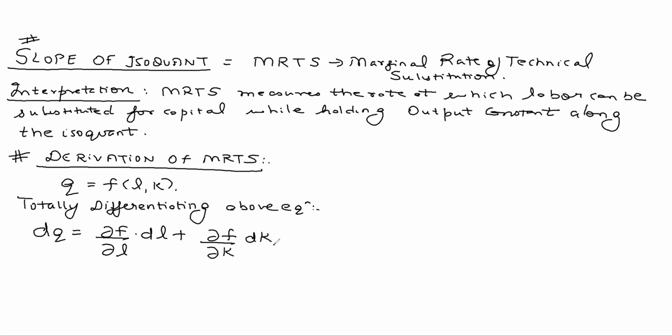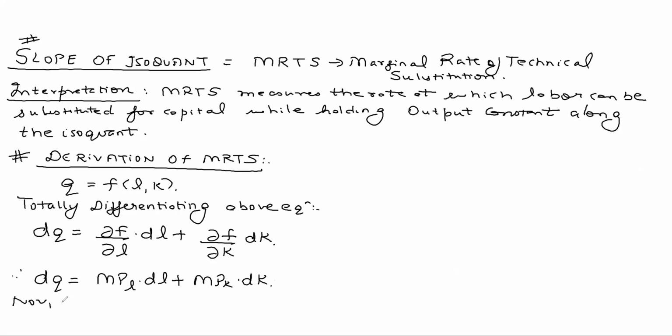Students have done this in my mathematical economics course. Those who had taken mathematical economics with me, we had covered these equations in that course. How do we totally differentiate the equation? dQ is equal to del f by del L into dL plus del f by del K into dK. This I can write, therefore dQ is equal to del f by del L is MPL times dL, del f by del K is MPK times dK.